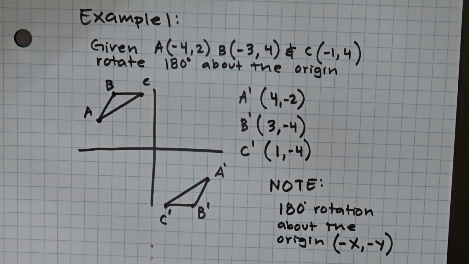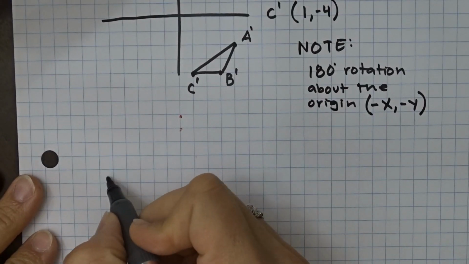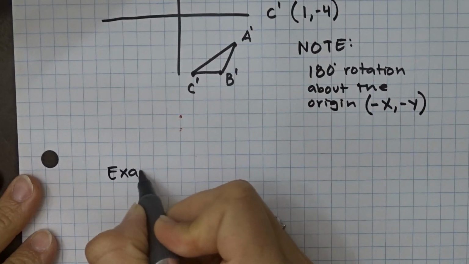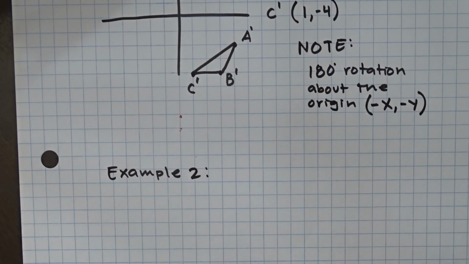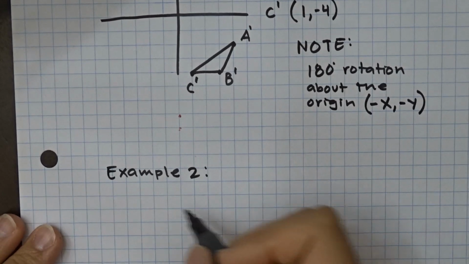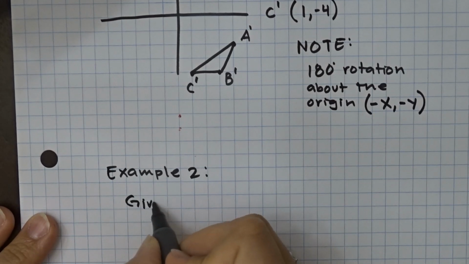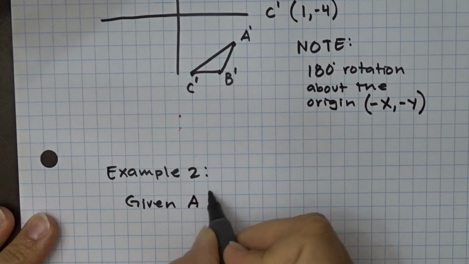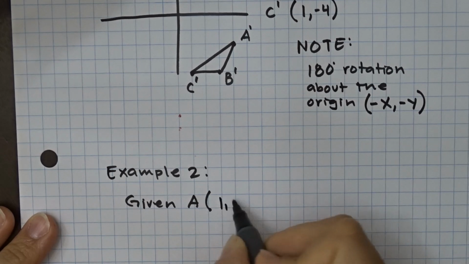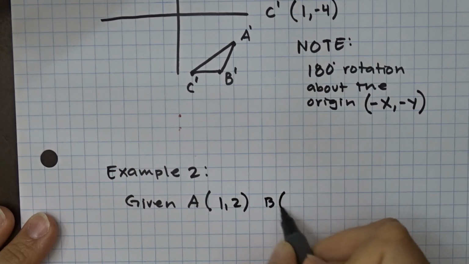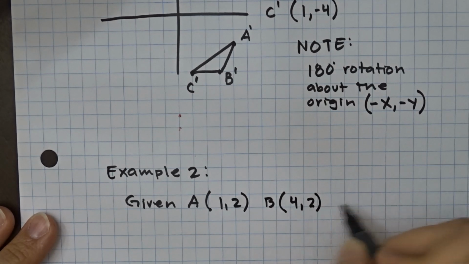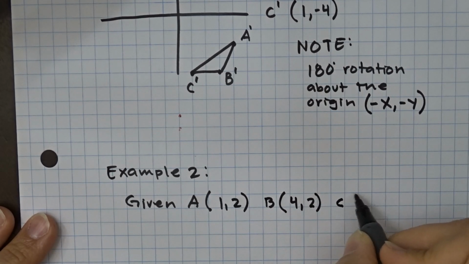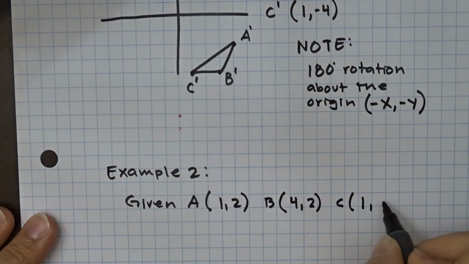Now there is another pattern that happens when you do 90-degree rotations about the origin. Say you have A at 1, 2, B is 4, 2, and C is 1, negative 3.